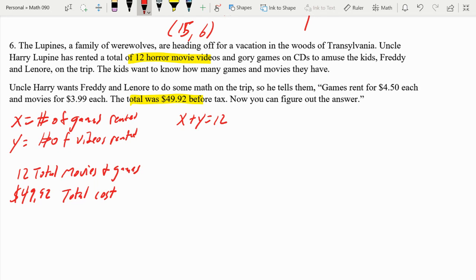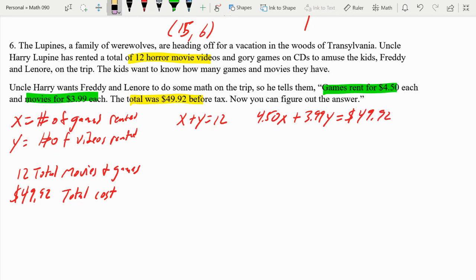And now let's do the total for the cost. Now we have to include the money in there. Games rent for $4.50. Movies are $3.99. All right, so I highlighted them so it stands out for me. X was the games, so each game cost $4.50 to rent, plus each movie cost $3.99 to rent, and the Big Bad Bear Werewolf spent $49.92.